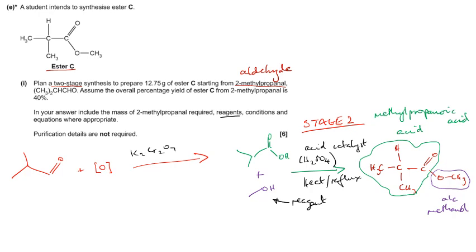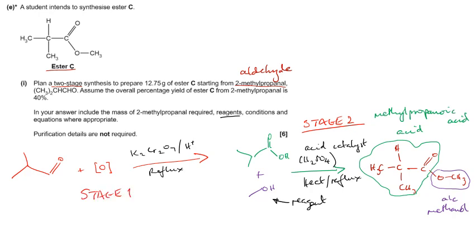We need potassium dichromate, and it needs to be acidified, and we reflux that. So we've got reagents, conditions, and an equation for that. That looks pretty good. Let's call this stage 1.